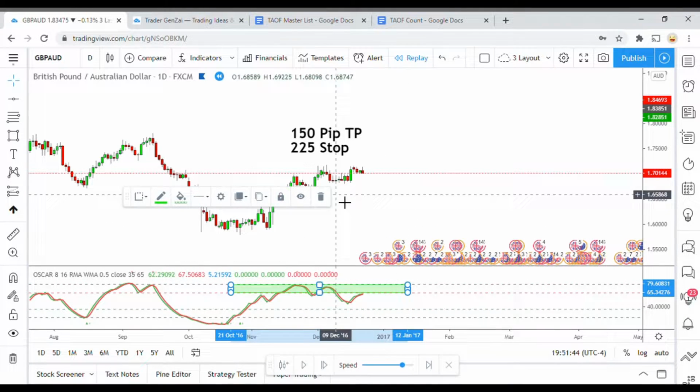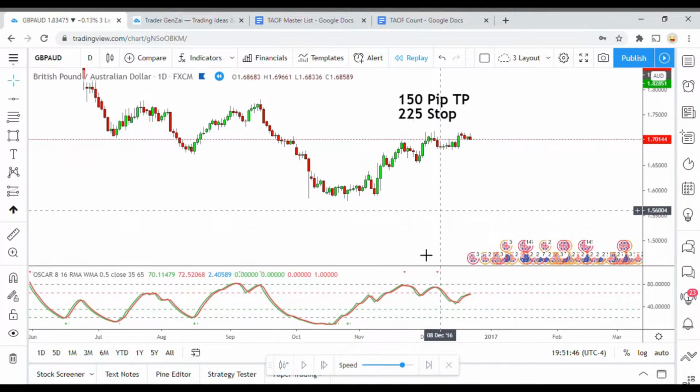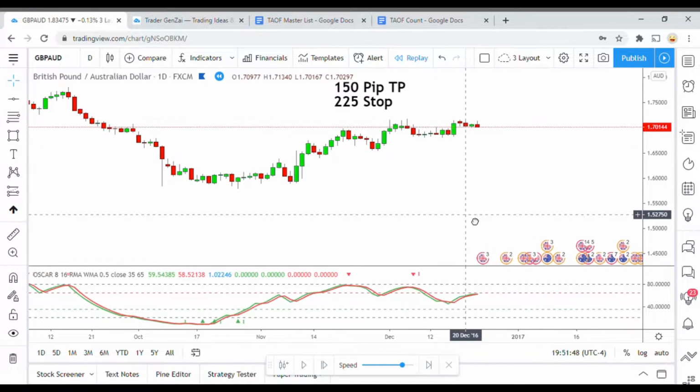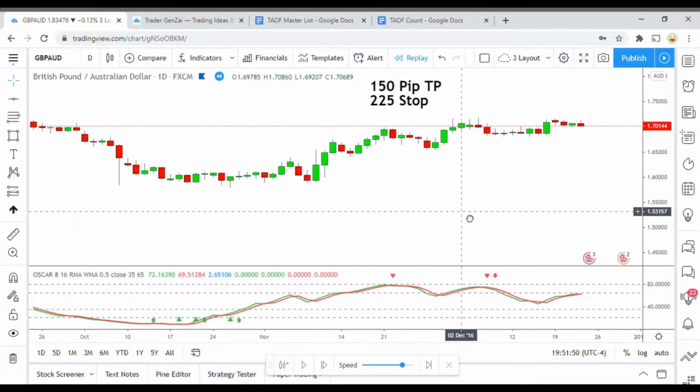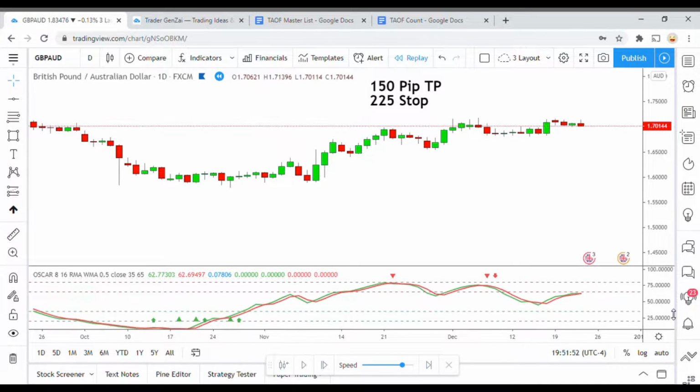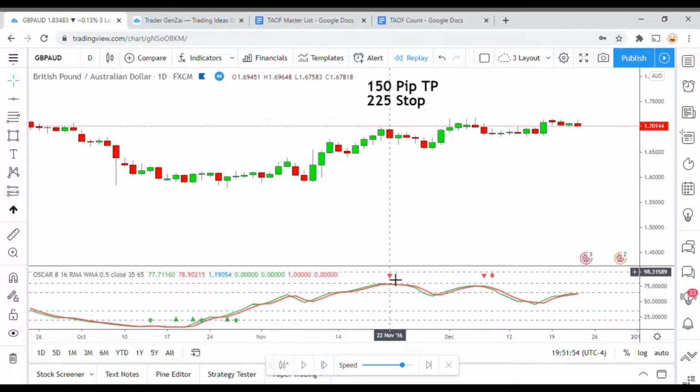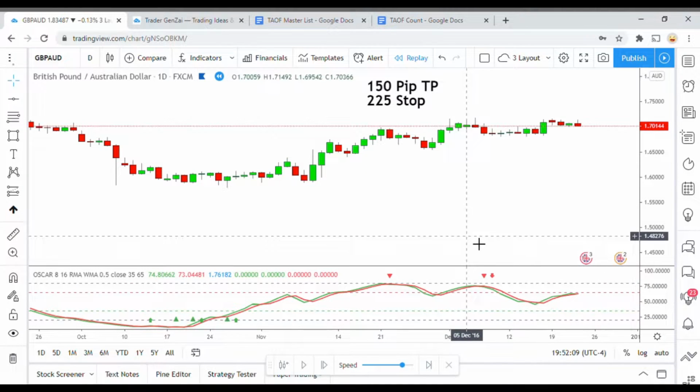And it's hard to see, but let me see if I can zoom in here. There we go. It's hard to see, but right here you can see that it is giving us these little triangles and these little arrows.